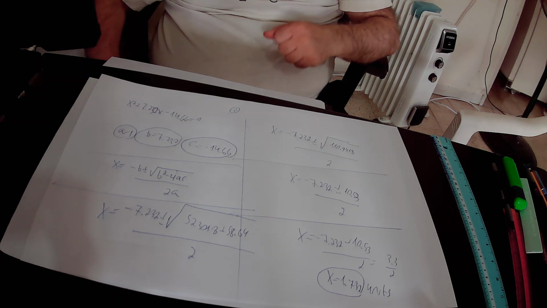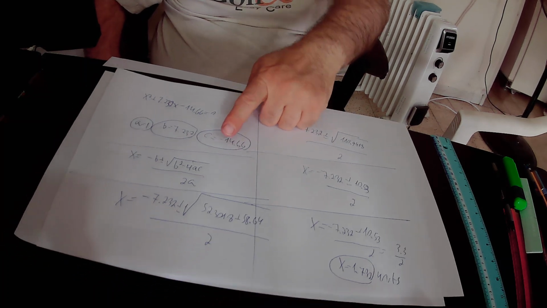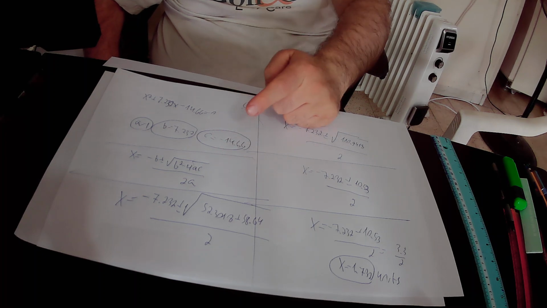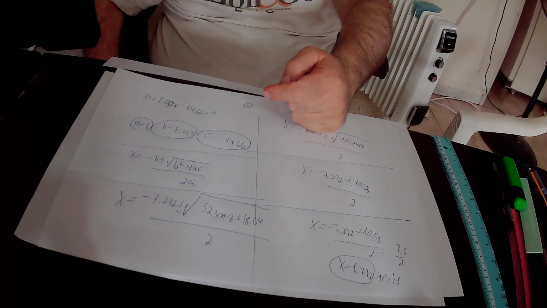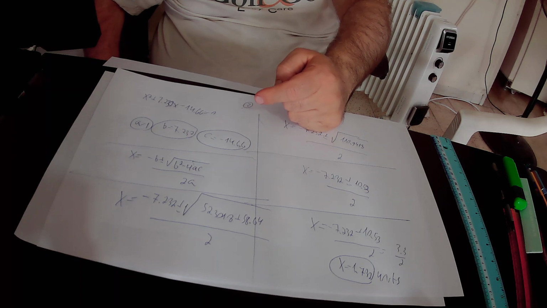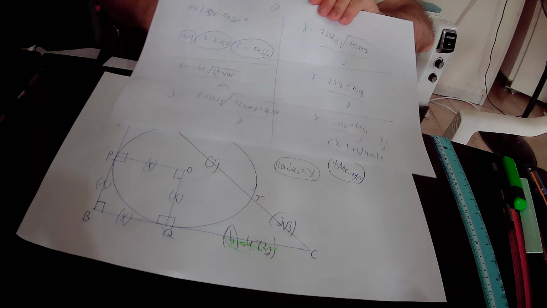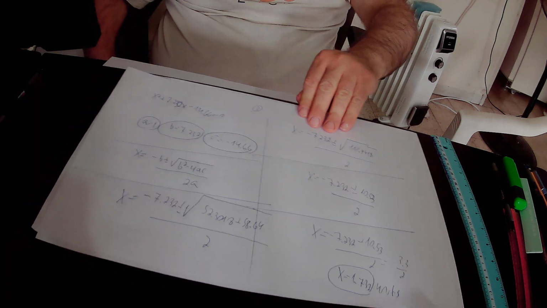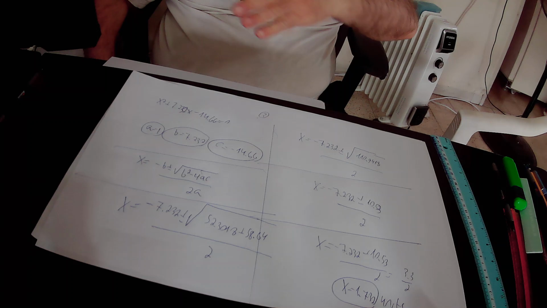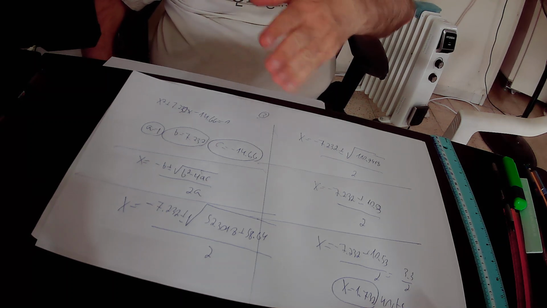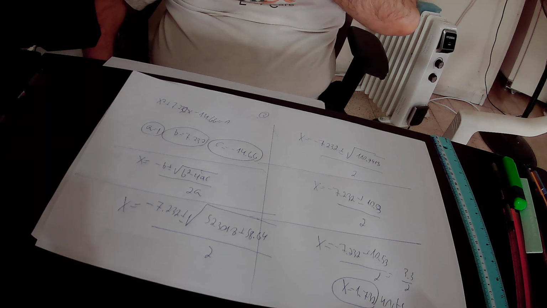So we put the data inside the general formula for x, and we found the values of x for our specific quadratic equation. x in our specific quadratic equation is the radius of this circle.